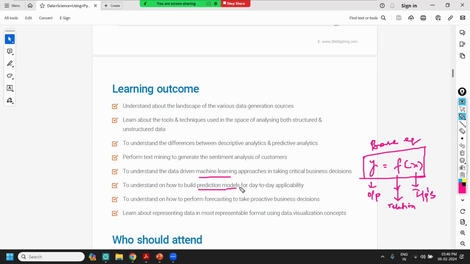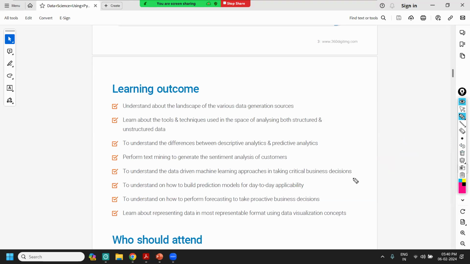That's nothing but your model. We are going to look into these algorithms which allow us to develop these kinds of prediction models. We will also generate reporting. So how do I represent my data in nice, beautifully looking maps or plots? Visualization techniques.